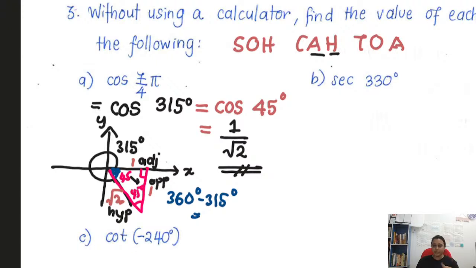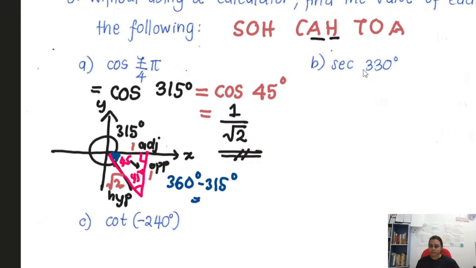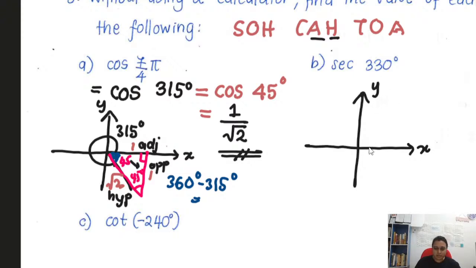Okay, B. I'm going to go a bit fast. Secant 330. Okay, this one, kalau nak lukis, of course, kita lukis dulu here, 330 ya. So pergi sampai sini, 330. Berapa balance dekat sini? How much is the balance? 30. So we draw a triangle.